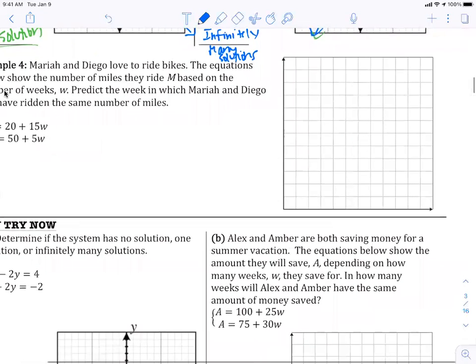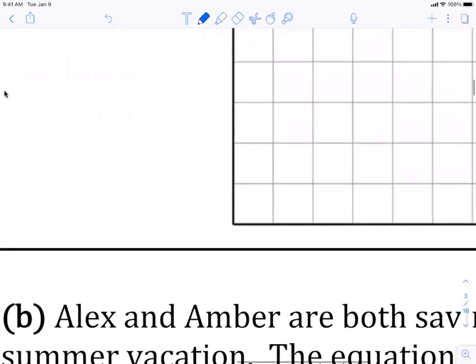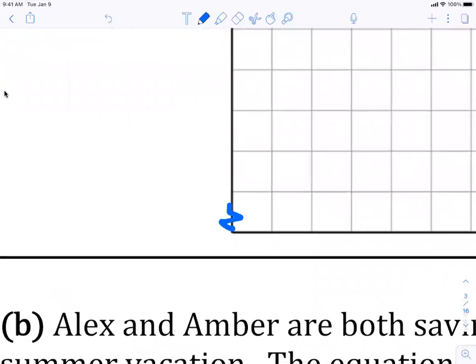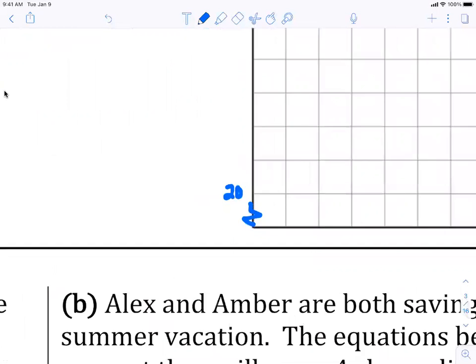So first thing I'm going to fill in for you guys, obviously I'm not going to make you choose the scale on this, but let's start at 20, and then we're going to count by 5s.